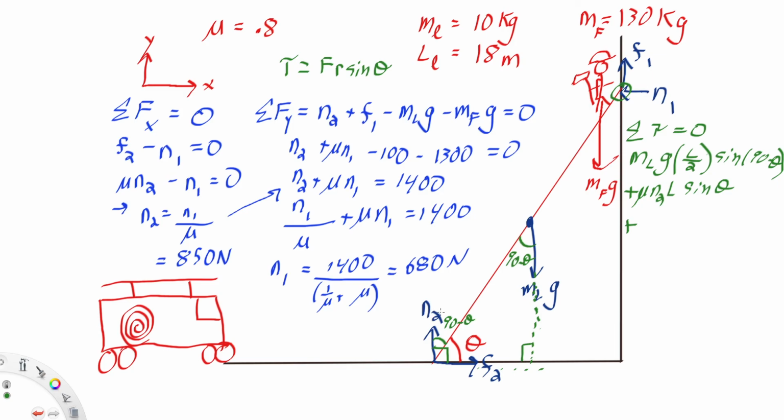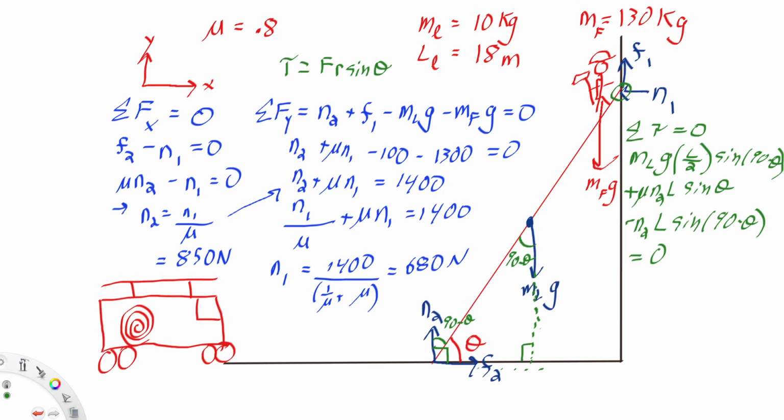The normal force from the ground to the ladder is going to tend to produce a clockwise rotation, so that's a negative torque. So minus N2 L sine of 90 minus theta. And again, we want all of this to equal 0.